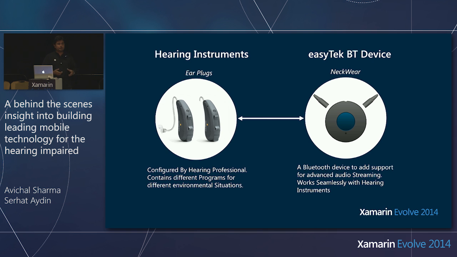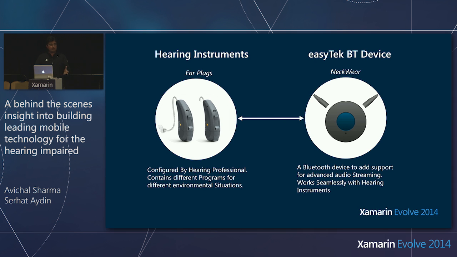And it supports all kinds of Bluetooth connectivity and some advanced features for audio streaming. So the features that I talked about right now, like streaming your television and all, if you want to do that, you need this device. So these are the two devices that were the main guys we needed to talk to while creating the app.